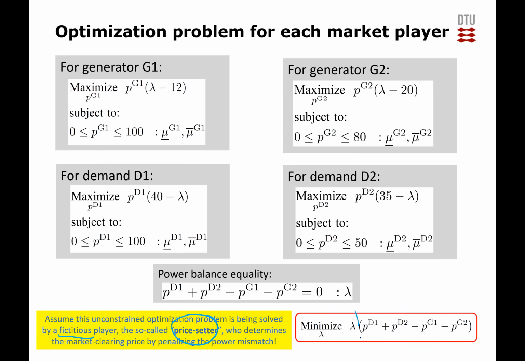Yes, but we will never get a negative value for that because, as I said, if you take KKTs, at the end of the day, PD1 plus PD2 minus PG1 minus PG2 will be equal to 0, right?